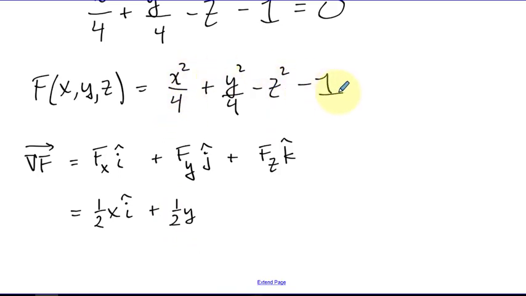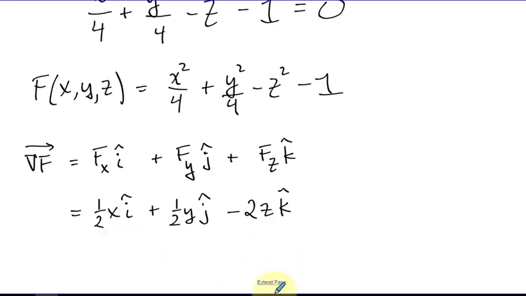Of course, the constant is going to turn to 0. So that's all we get for the partial with respect to y. And then the partial with respect to z: each of these are plus, but this is a minus, so we could just say minus 2z, unit vector k, and of course 0 there.